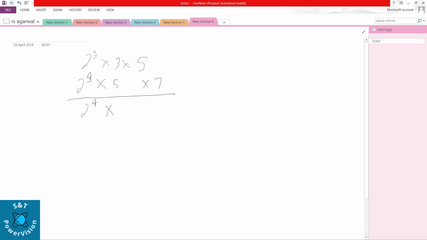For 3, there is only one, but we will take it. For 5, we take 5, and then into 7. Now 2 to the power 4 is 16. 16 into 3 is 48, 48 into 5 is 240, 240 into 7 is equal to 1680. So this is the LCM.